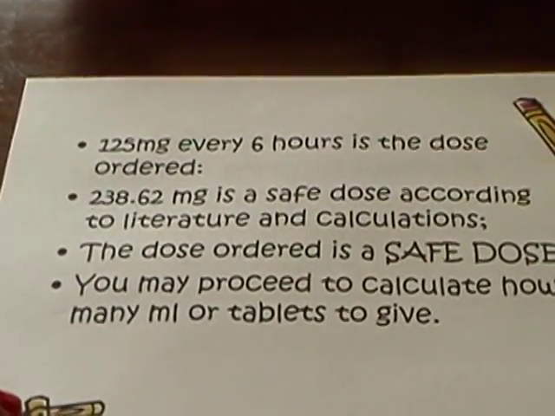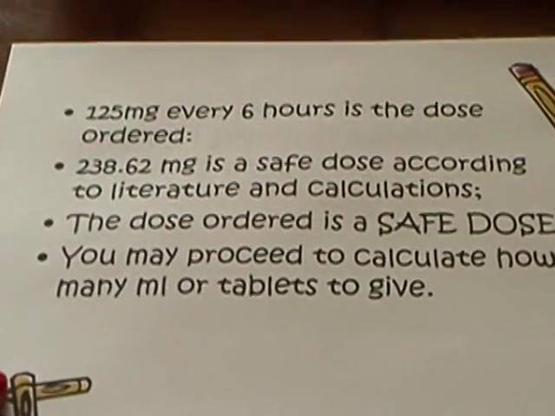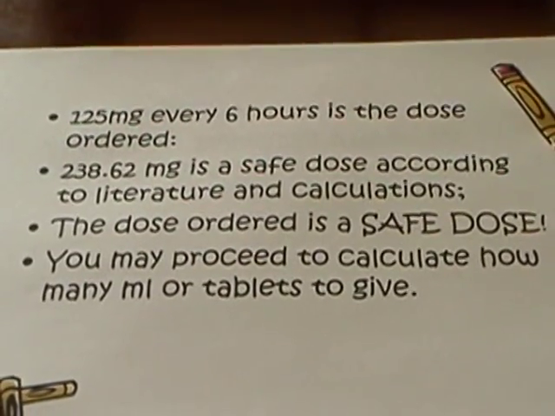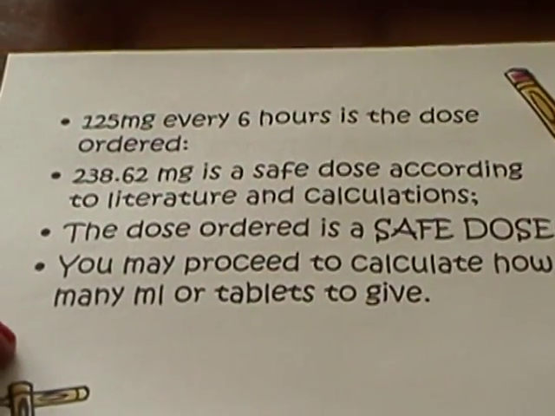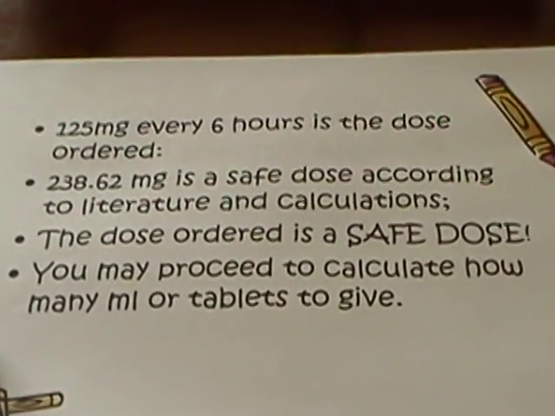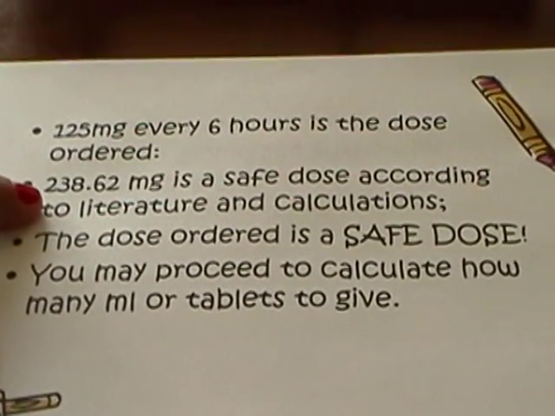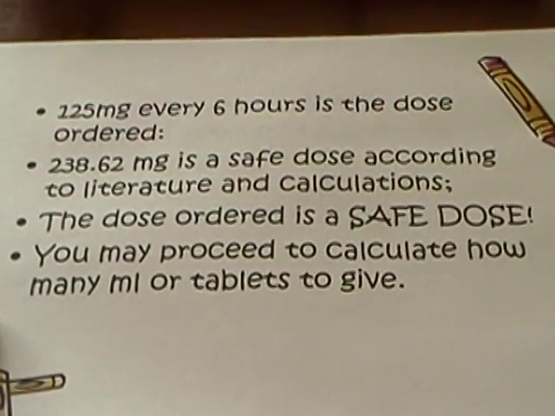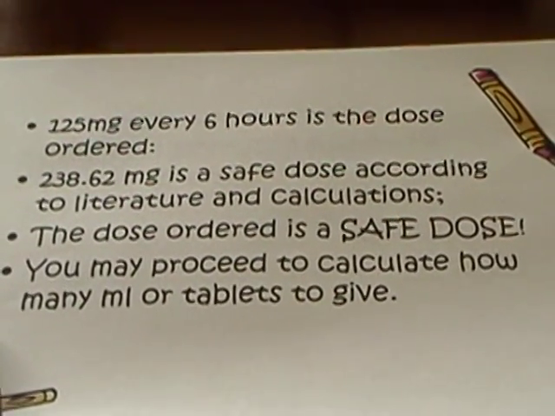125 milligrams every 6 hours is the dose ordered. 238.62 milligrams was a safe dose according to the literature and calculations. Once again, 125 milligrams was less than 238. The dose ordered is a safe dose.